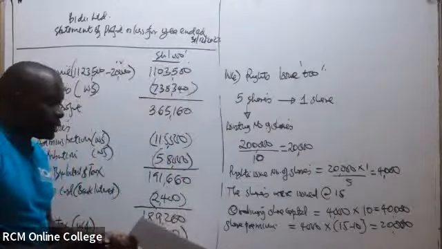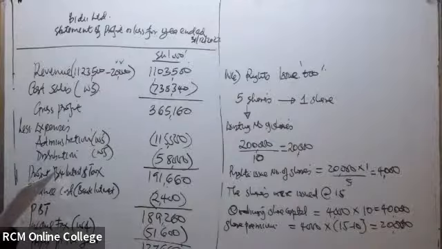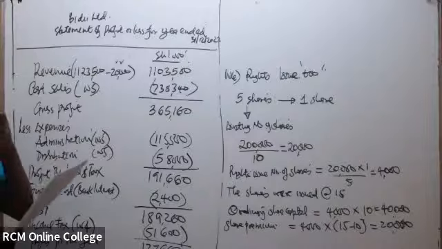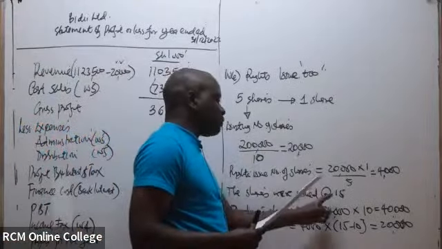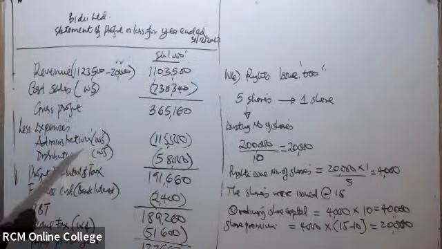So that particular rights issue will affect the books of accounts here. The shares were issued at an exercise price of 15 shillings.